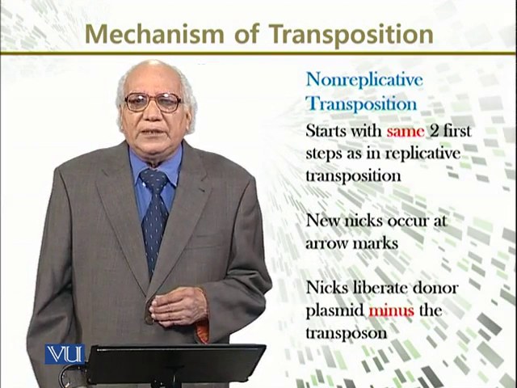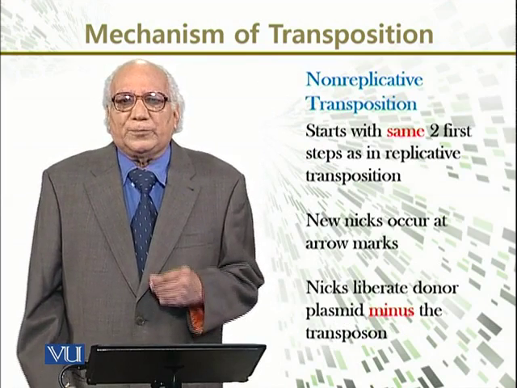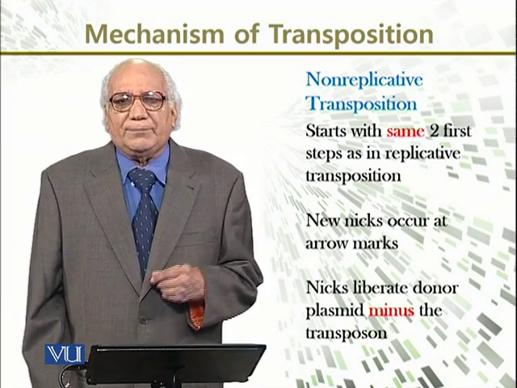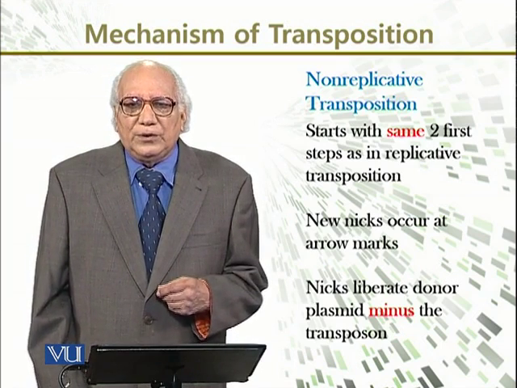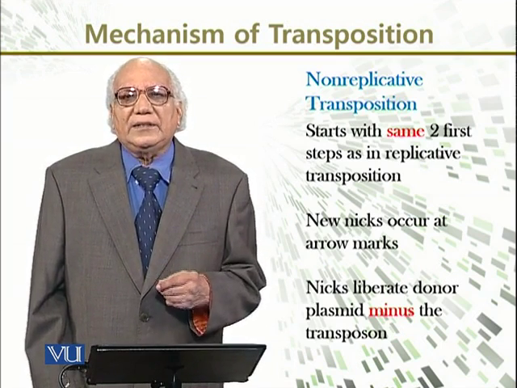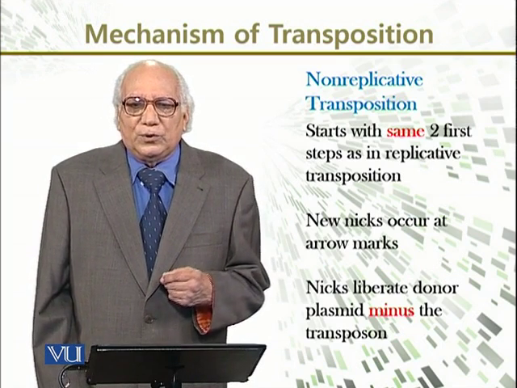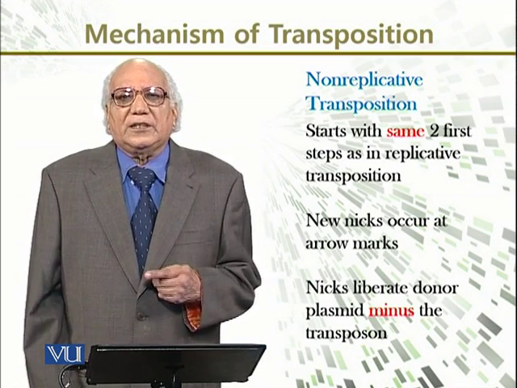Another mechanism is non-replicative transposition. That starts with the same first two steps as in replicative transposition. New nicks occur at the arrow marks, and then the nicks liberate the donor plasmid minus the transposon.